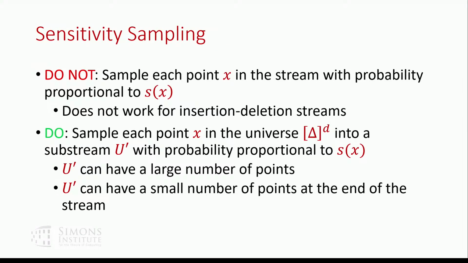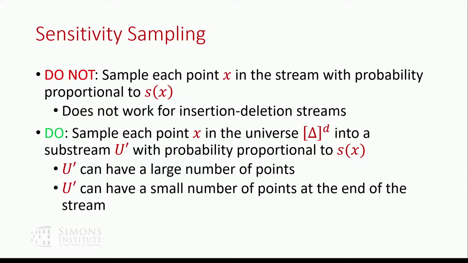Okay. So we say that for each point in the universe, we're going to include it in a substream with a probability that roughly can be interpreted as its sensitivity. And this universe will be pretty sparse in terms of the number of points that actually arrive in the stream, because if there are too many, then this violates the bounds that we computed for the total sensitivity.